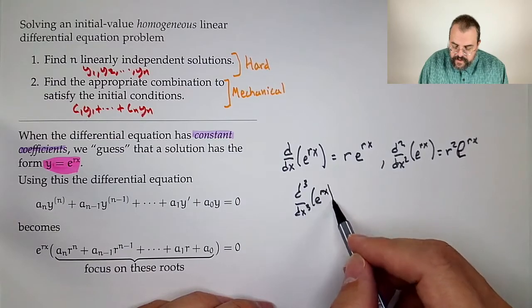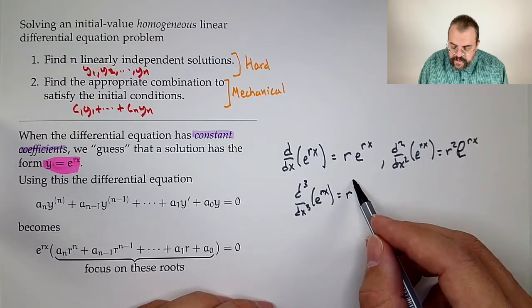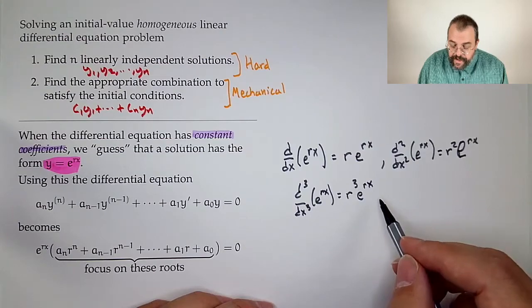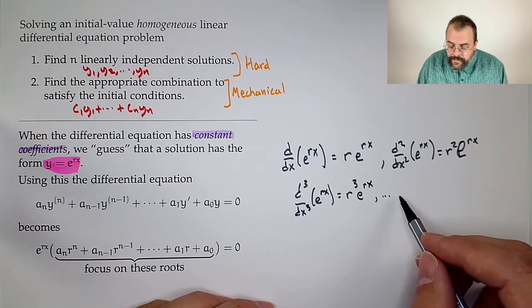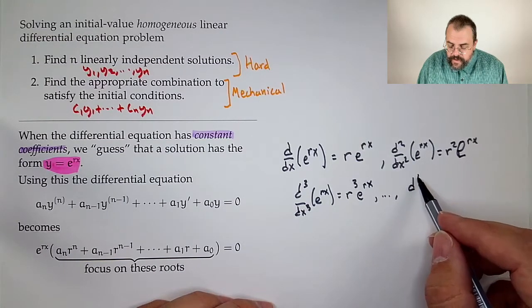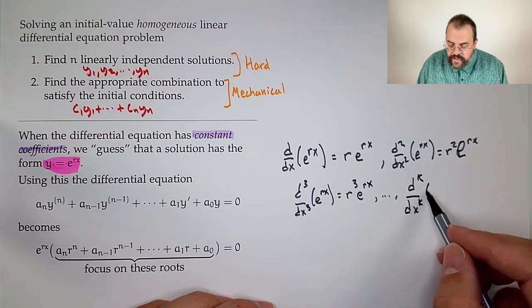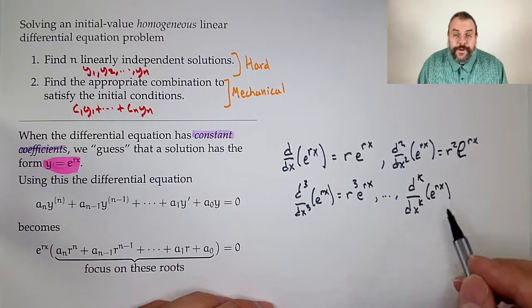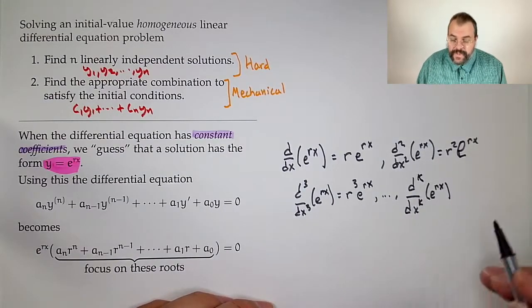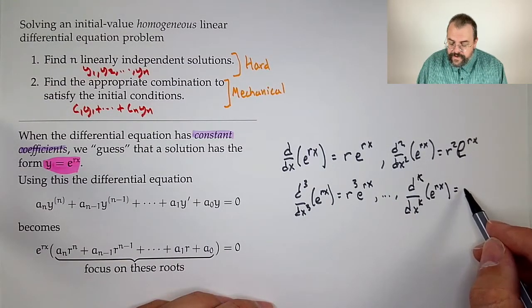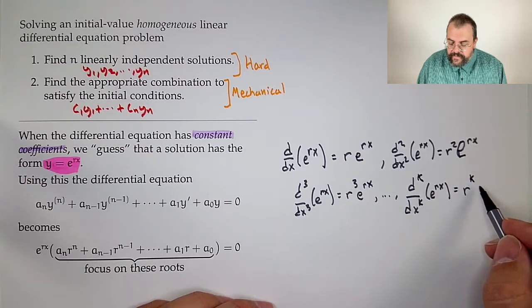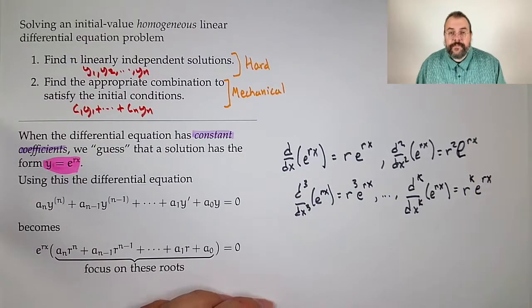And you might say, look, Steve, I know how to play this game. R cubed e to the rx. And so forth and so on. And what if I ask you for just some derivative, say the kth derivative of e to the rx? So we've taken k derivatives. What should we have? Well, we'll have r to the k, e to the rx.